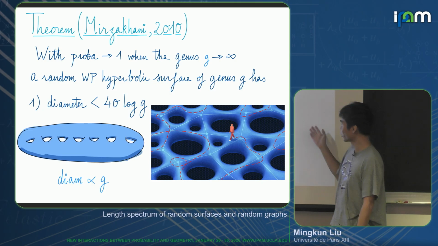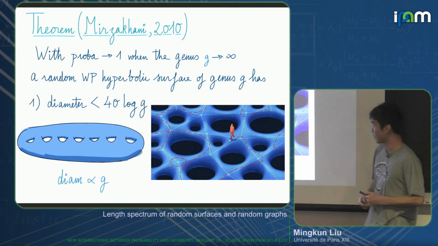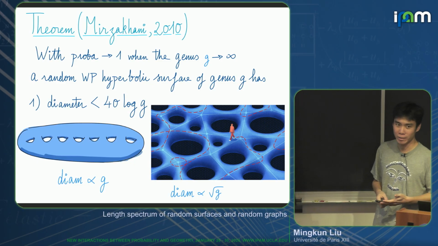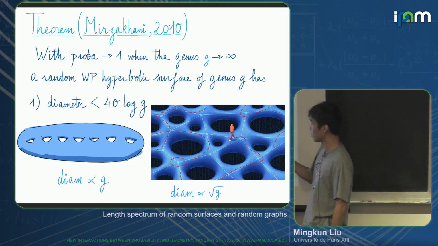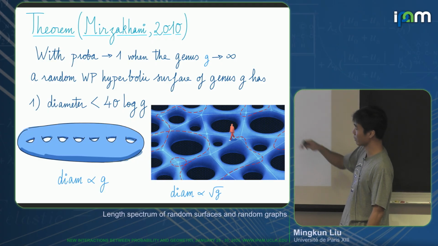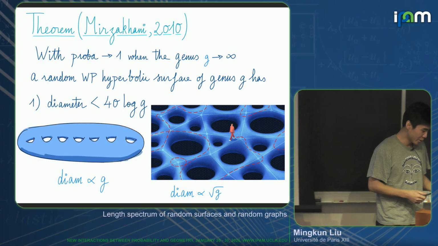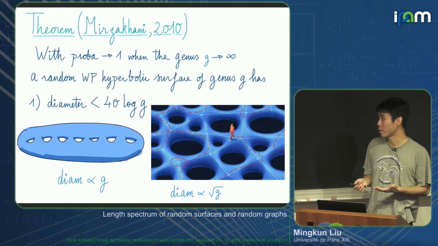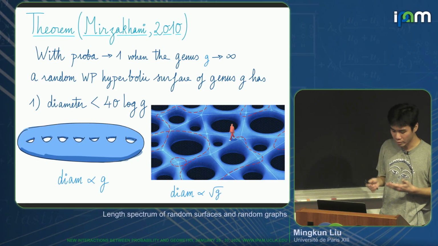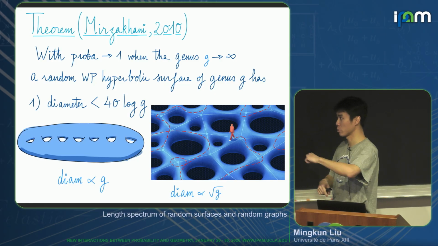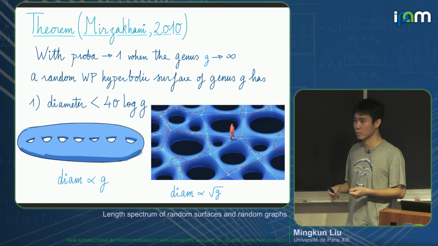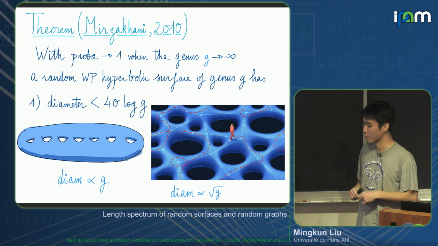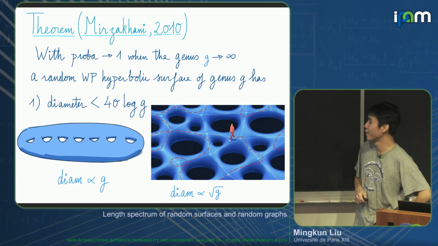But if you just put the genus in this way, the diameter will be more or less the square root of g, which is already much smaller than g, but still very much bigger than log g. So for me, a random hyperbolic surface of large genus is actually very hard to visualize, because it just twists in space in all directions, and it spreads in space very, very efficiently, and it's a bit crazy.